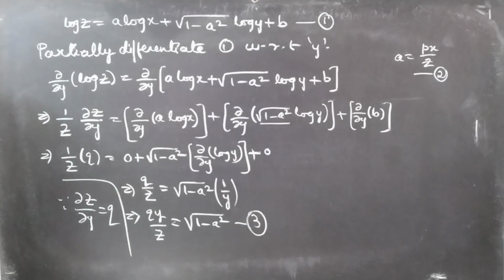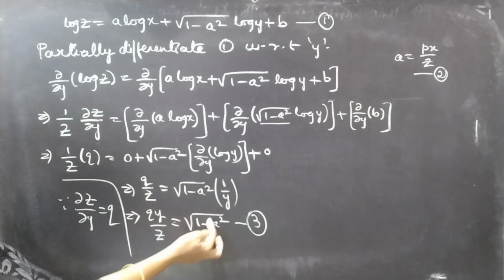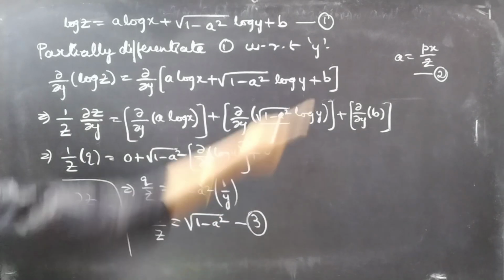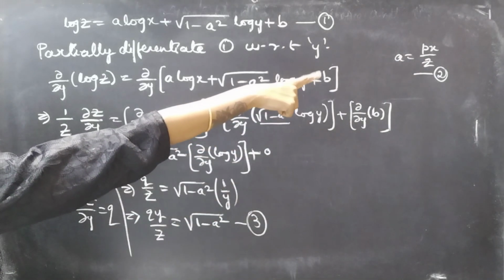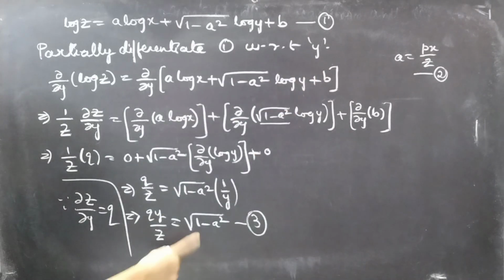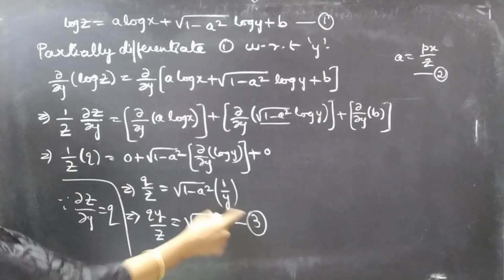So here we have a possibility. Here you're having a square, right? We can just replace this a by px by z using equation 2. So let's replace a using 2 in equation 3.